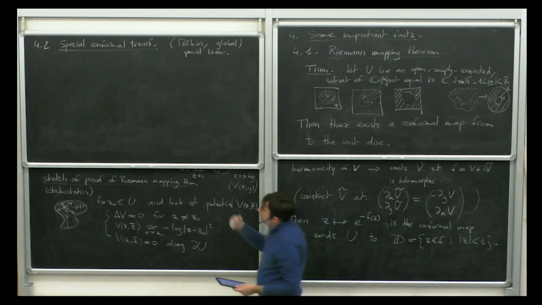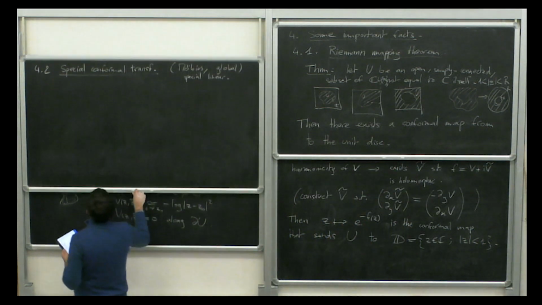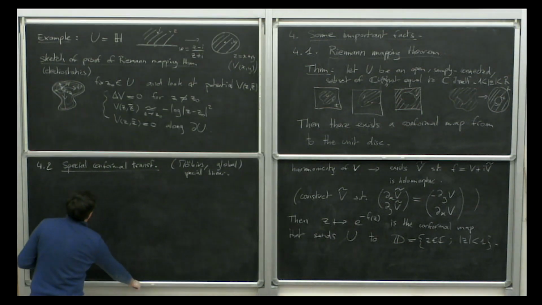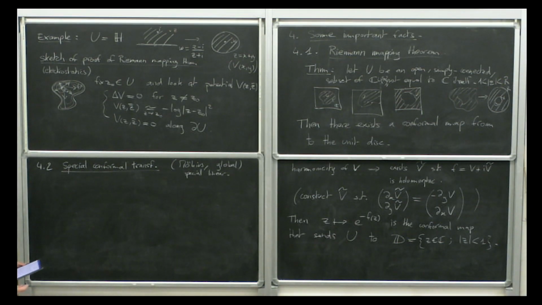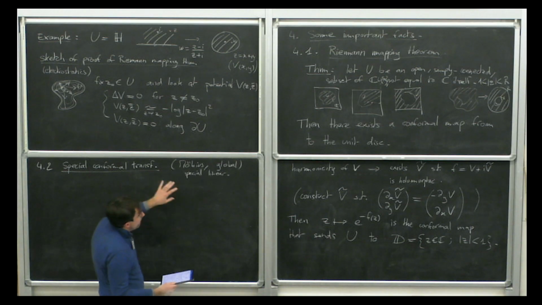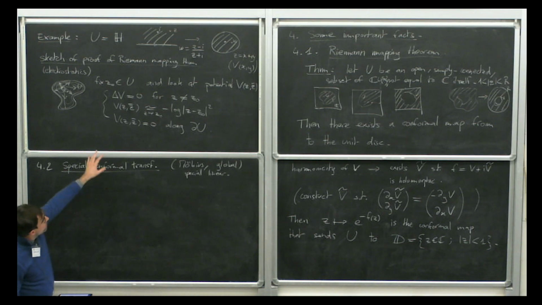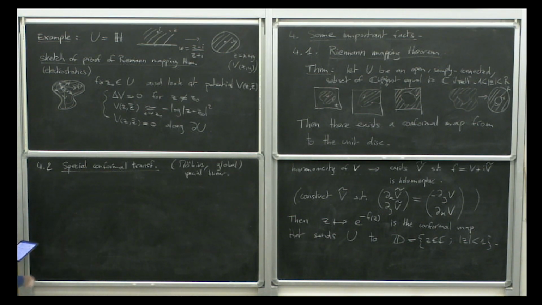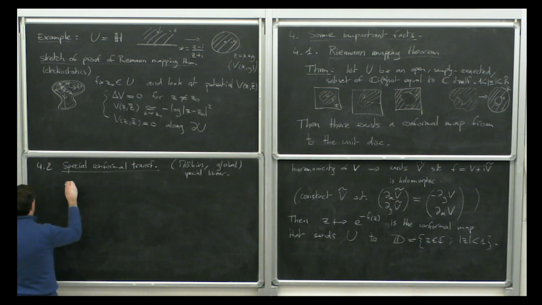Now, if you start asking questions like, what are all the possible maps from one domain to itself? For instance, from the disk to itself, or we are going to formulate it here as maps from the upper half plane to itself.